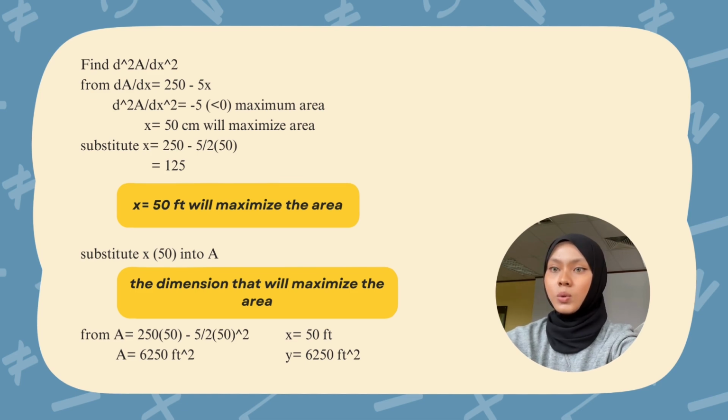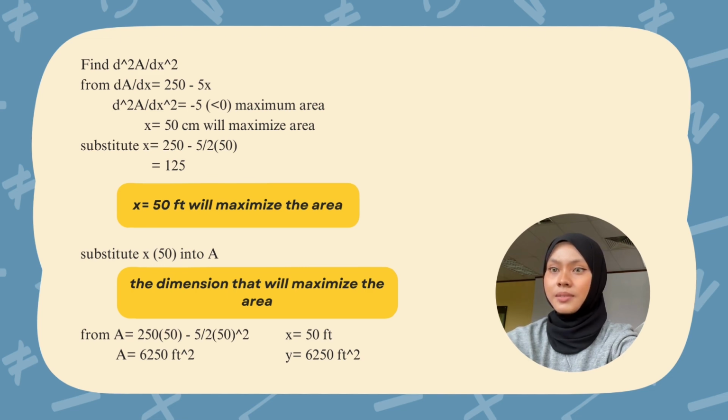So A equal to 250x minus 5/2 x squared, and substituting x equal to 50, the equation will be A equal to 250 times 50 minus 5/2 times 50 squared, and we put the equation in the calculator and get 6,250 feet squared.